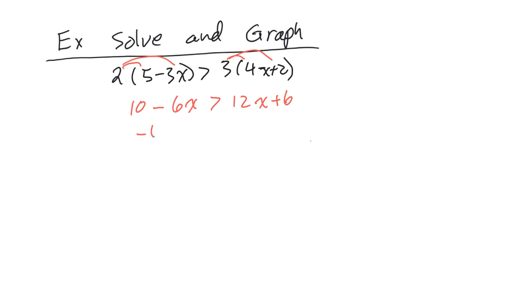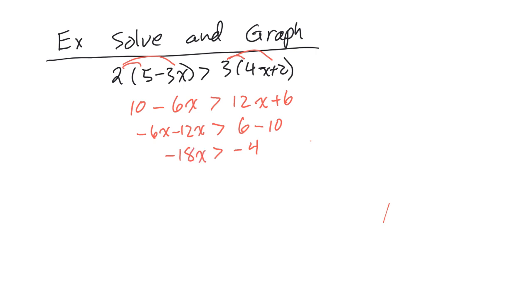So you're going to get -6x minus 12x is greater than 6 minus 10. Now that I have that, we'll simplify. So now we have -4 on the right, and -18x.